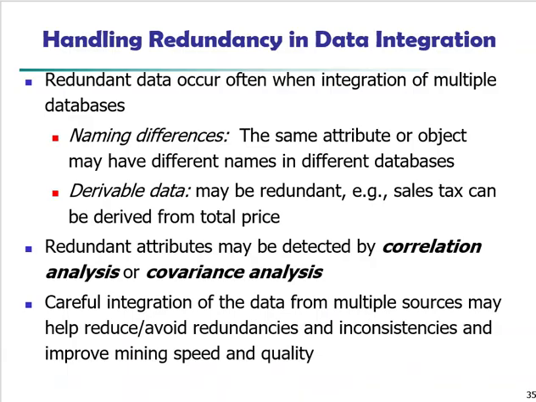What we're going to cover today is the specific kind of redundancy that we can fairly easily detect: naming differences and derived data.